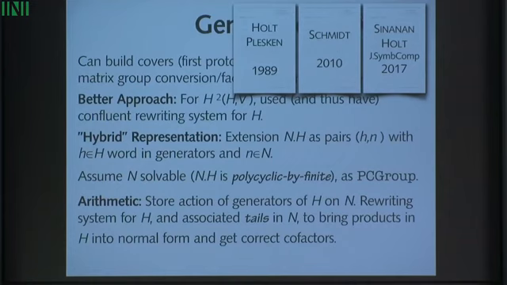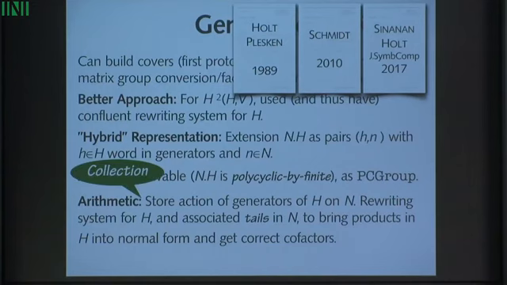Jack Schmidt mentions this as a way of representing such groups, and there is a paper by Sinanan and Holt where they do it in a more general context to describe polycyclic-by-finite groups. What I do is I write extensions as pairs of elements, factor group and normal subgroup, and I use the rewriting rules where the tails describe how things change to describe such an extension.